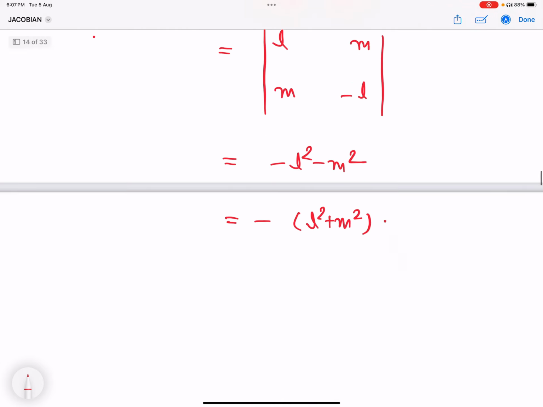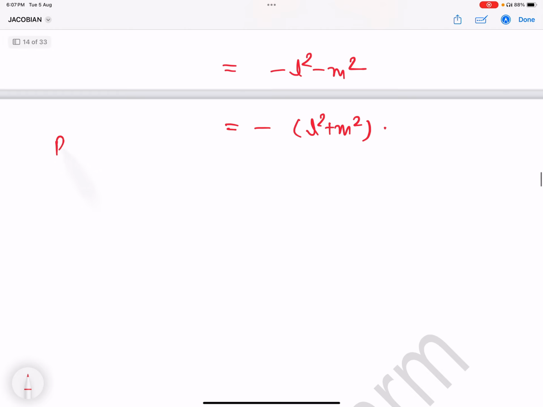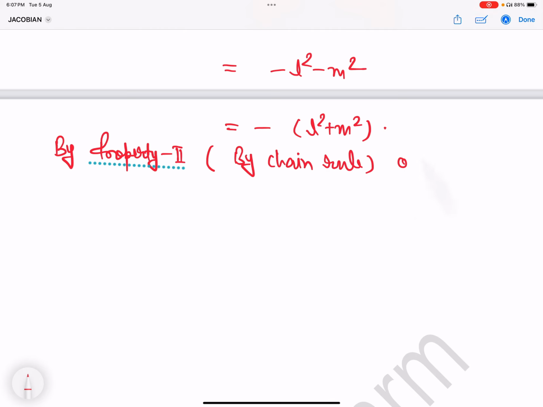Now by property 2, the second property, or you can say by the chain rule of Jacobians, what we get?